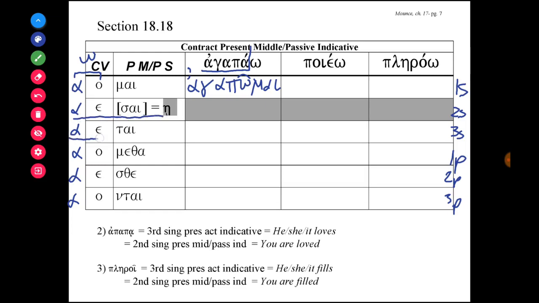But alpha plus epsilon gives us alpha. And so the third person singular form would be agapatai. Alpha plus omicron contracts to an omega.